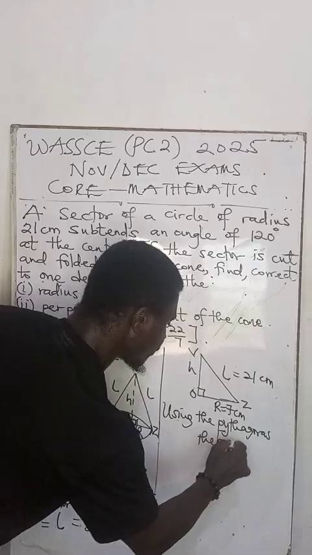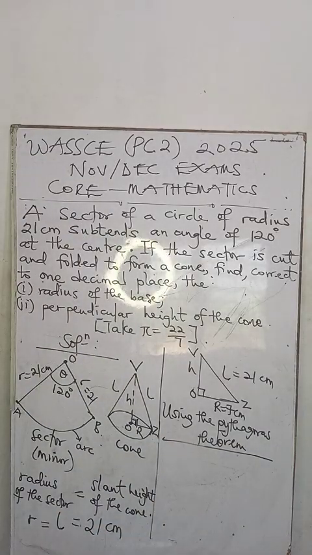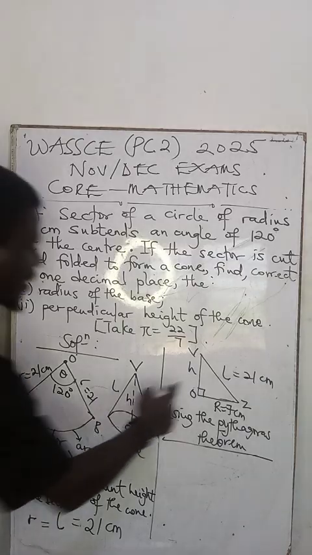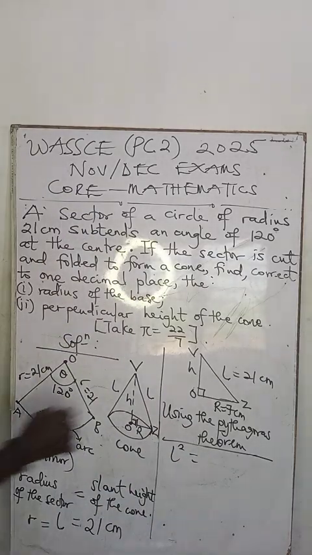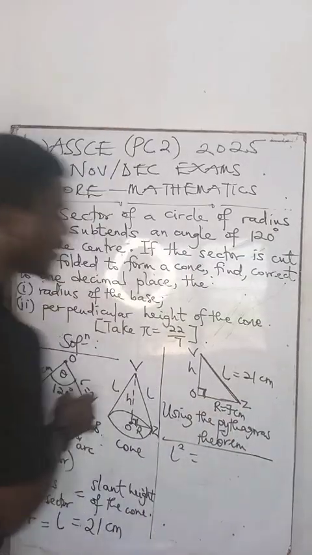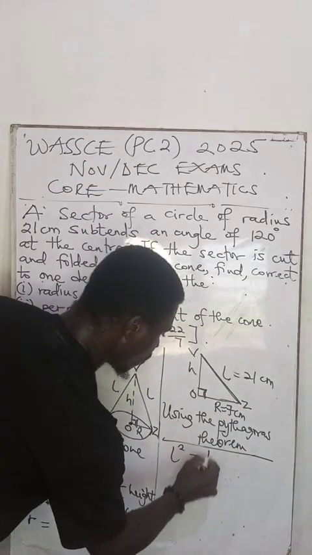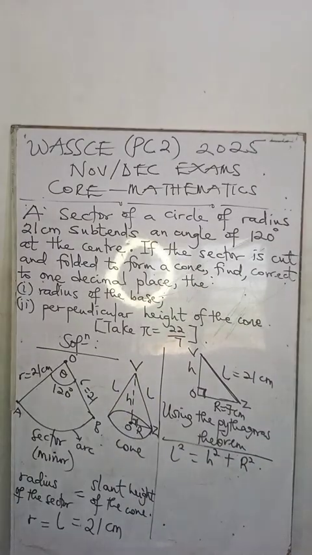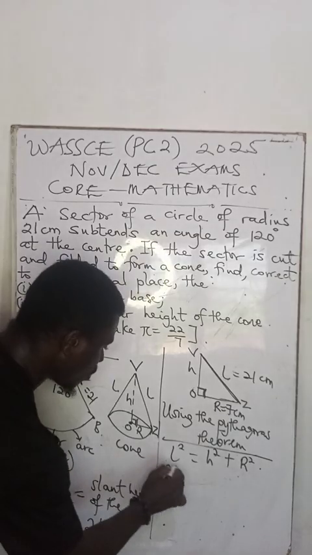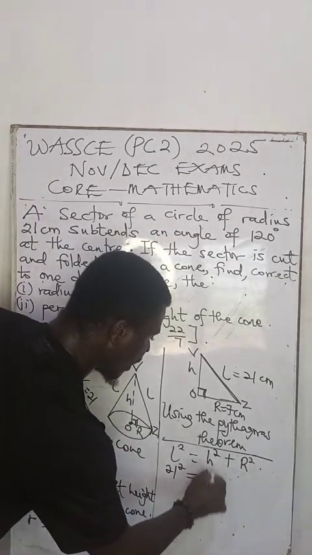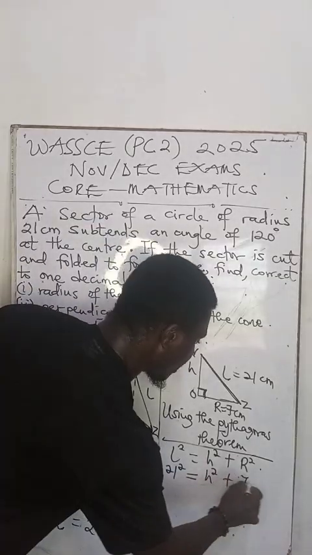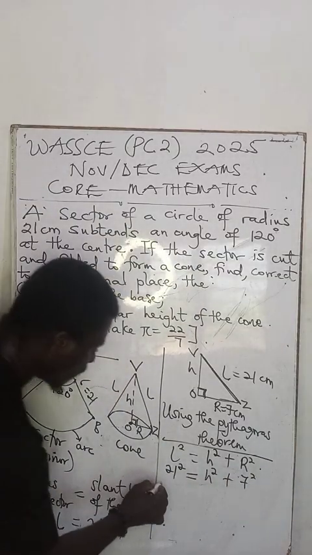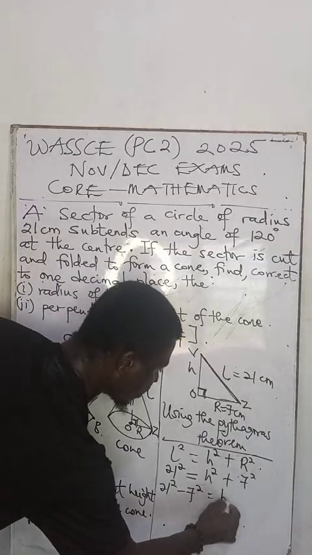The square of the hypotenuse must be equal to the sum of squares of the other two sides. So L squared, that's the hypotenuse, where the 90 degrees faces, equals H squared plus capital R squared. We know L to be 21, so 21 squared equals H squared plus 7 squared. We group like terms: 21 squared minus 7 squared equals H squared.